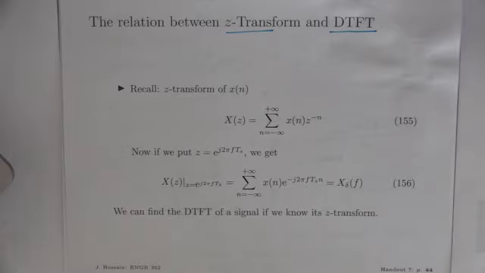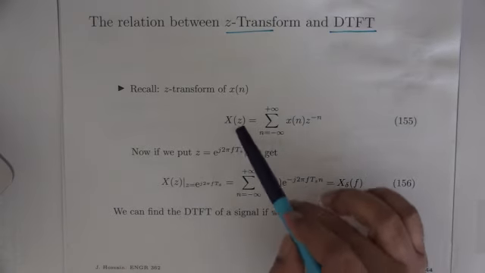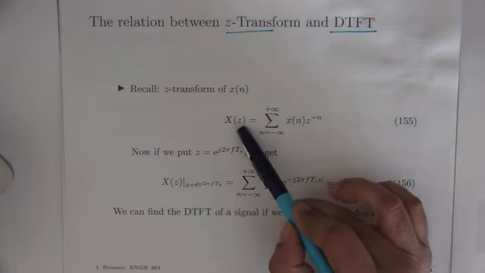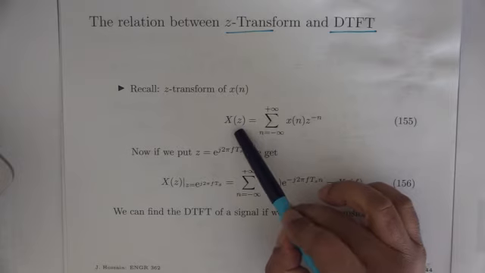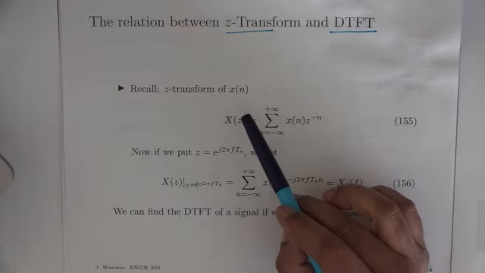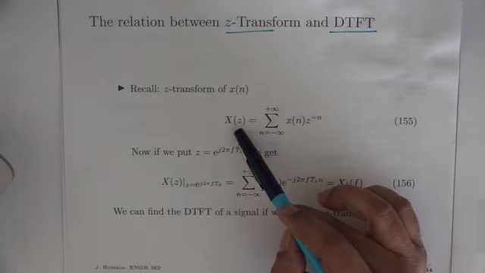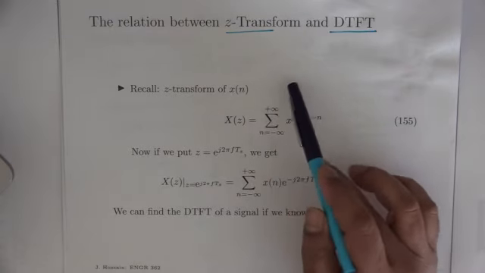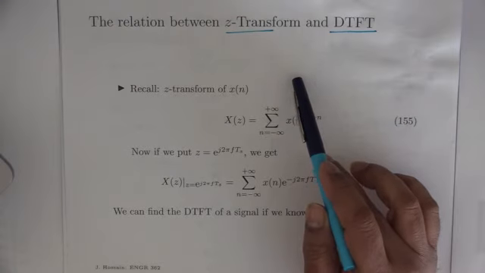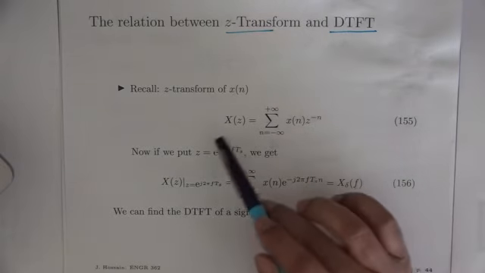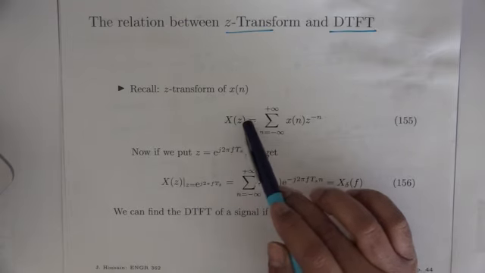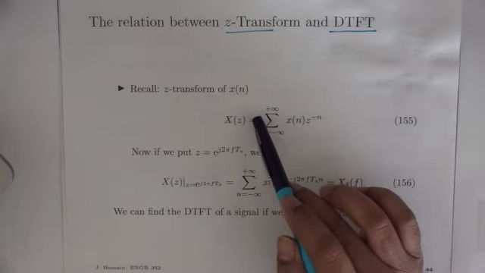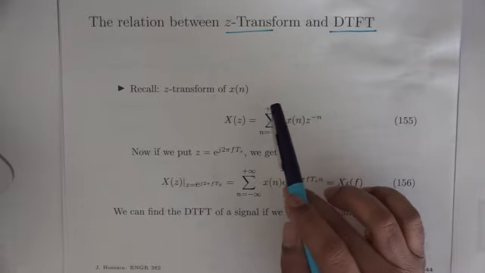In fact, one student asked me a couple of classes back: Dr. Hossain, Z is a complex variable. We can take any value of Z we want, right? Of course, X of z has a region of convergence, meaning there are some good values of z that define the region of convergence, so that the Z transform of a signal or discrete time system will be convergent.